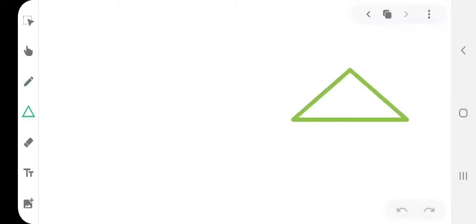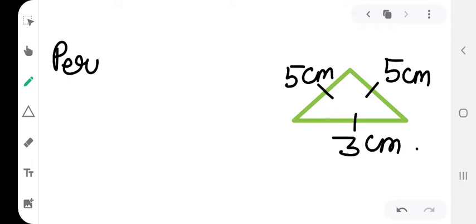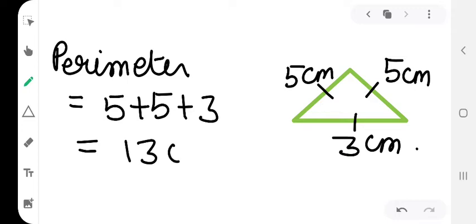For isosceles triangle, you know the two sides are identical and one is different. So you must know the sides to know the perimeter of that particular triangle. Let's say the sides of this triangle are 5 centimeter, 5 centimeter and 3 centimeter. To find out the perimeter, you have to add all the three sides. It is that simple. 5 plus 5 plus 3. It gives you 13 centimeters.